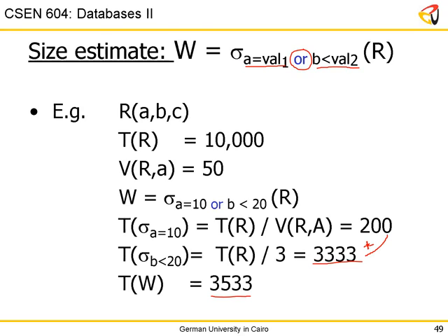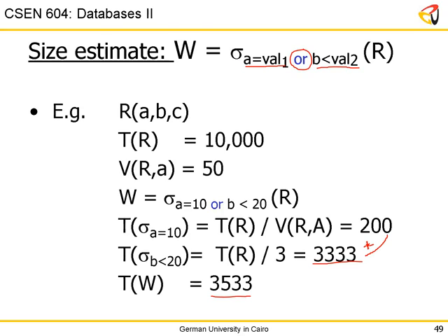Now what about OR? Again, I will think of every one of these terms separately. This is going to be 1 over 50 multiplied by 10,000. I will adopt the rule of 1/3 here, but since this is an OR, all that match this term from R and all that match this term from R are part of my result set.